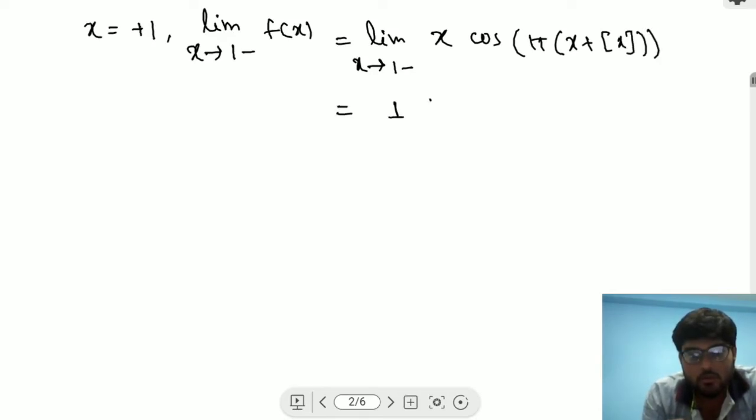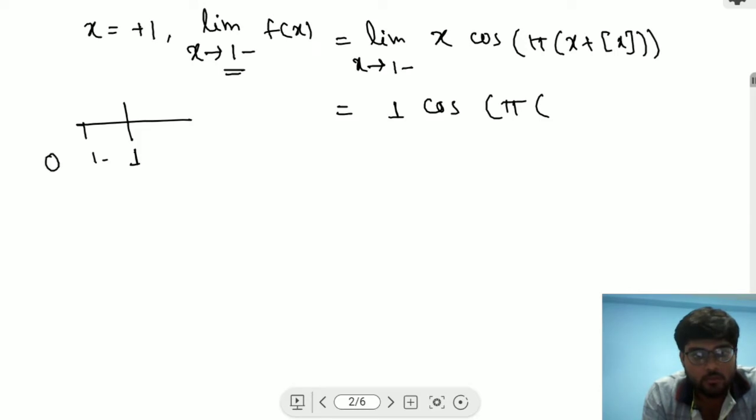So 1 cos pi into, again this value 1, so 1 minus is less than 1, so the box of it will be 0.